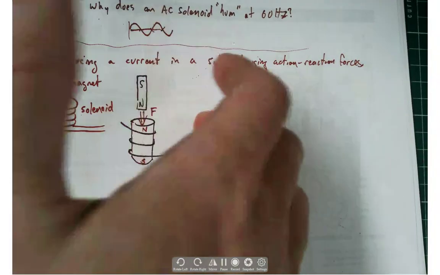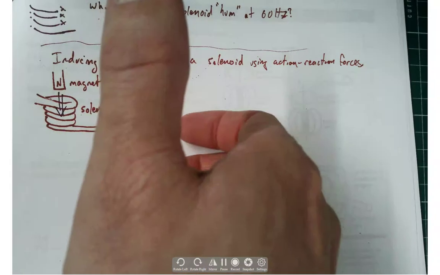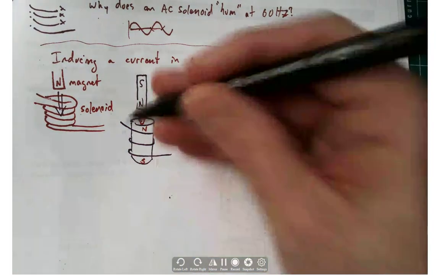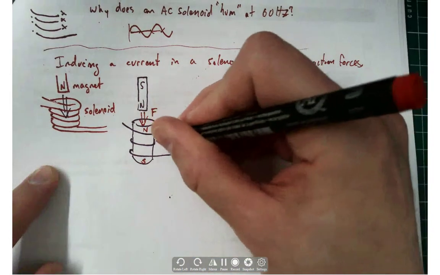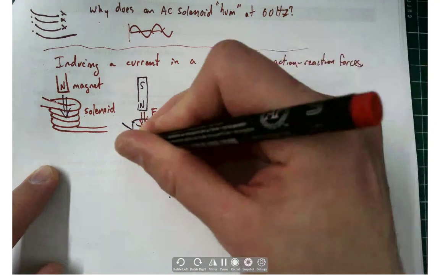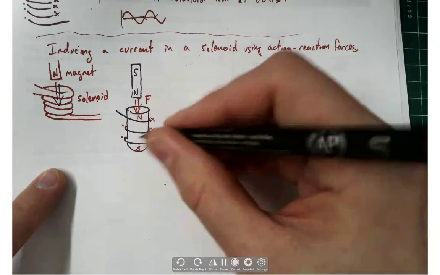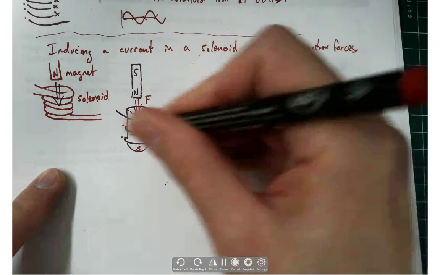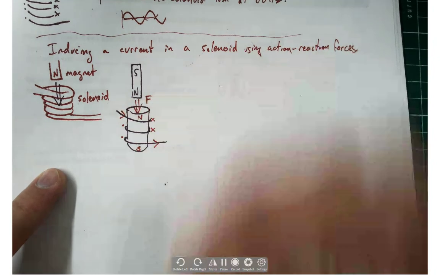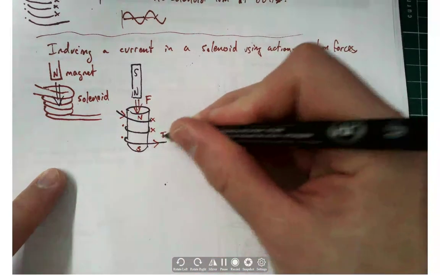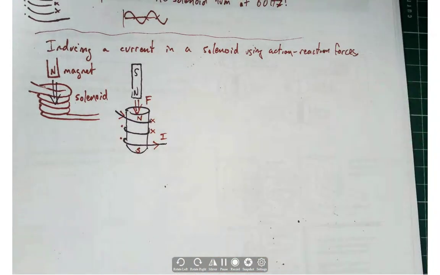The current's going to curl around to the right into the page, and you can use your hand to make sure that you get this. That means the current's going to go into the page on the right and come out of the page on the left. And if I follow this around like a labyrinth, that means that the current's going to travel in this direction. And so I say, yeah, I can shove a north into a solenoid and produce current flow.